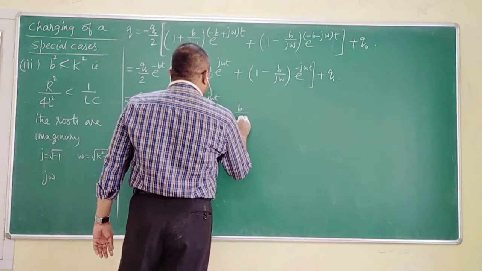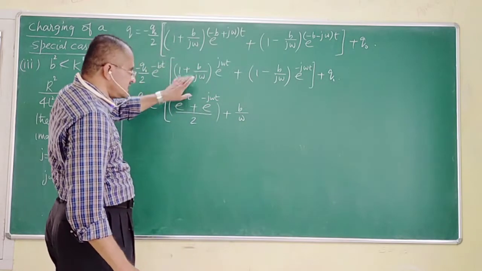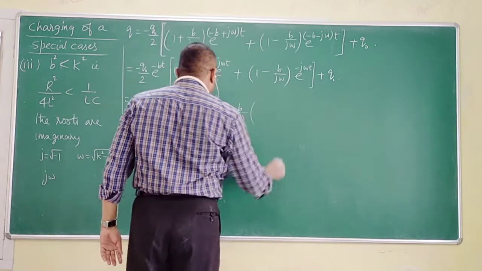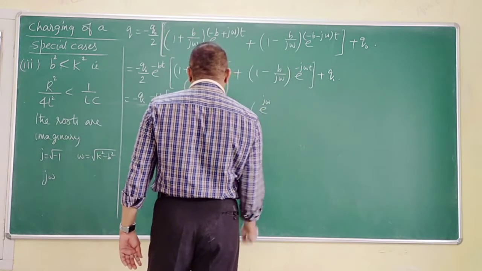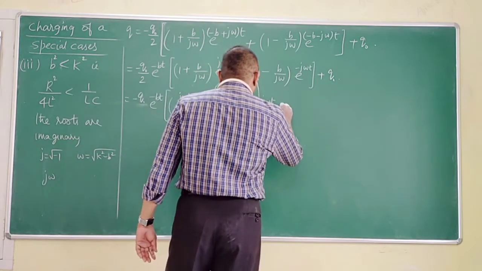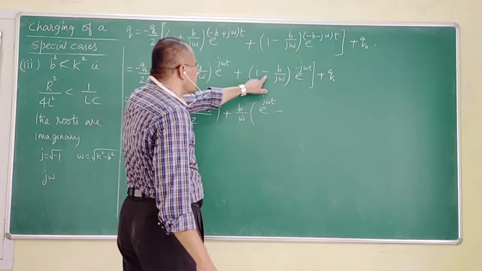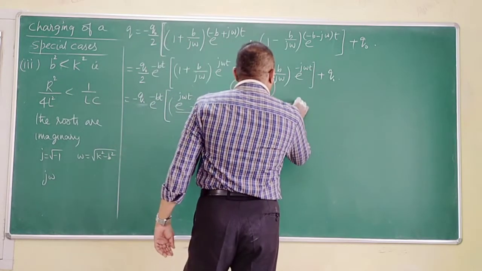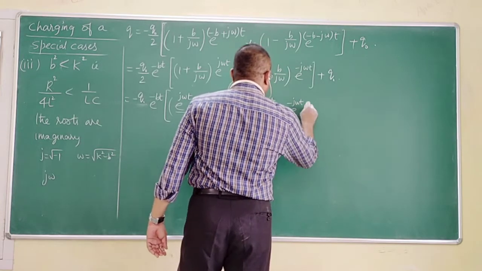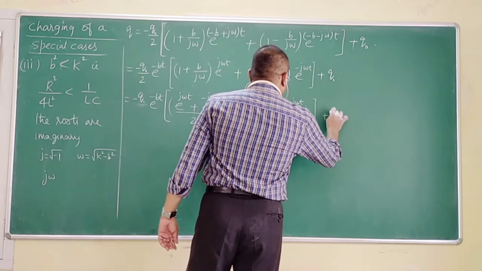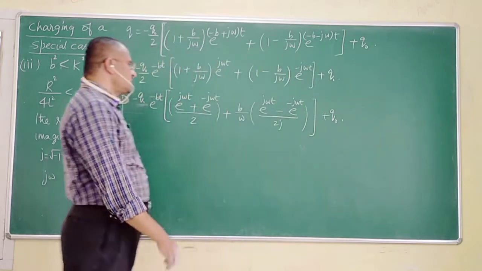b by omega j is there, bracket open, e power j omega t minus e power minus j omega t upon 2j, plus q naught. You know how I'm writing like this, sir?